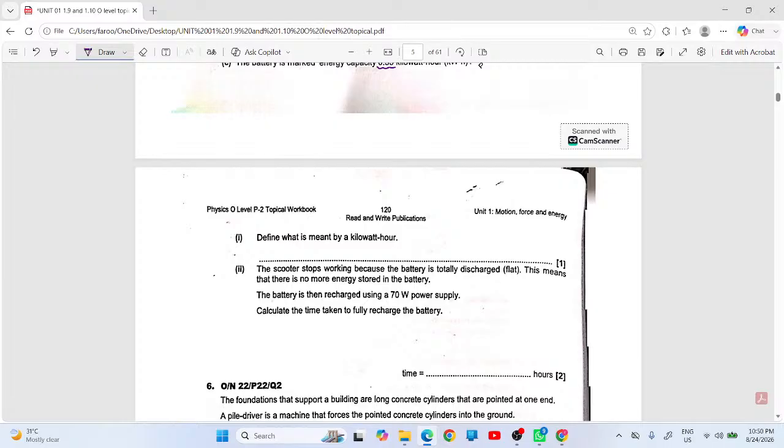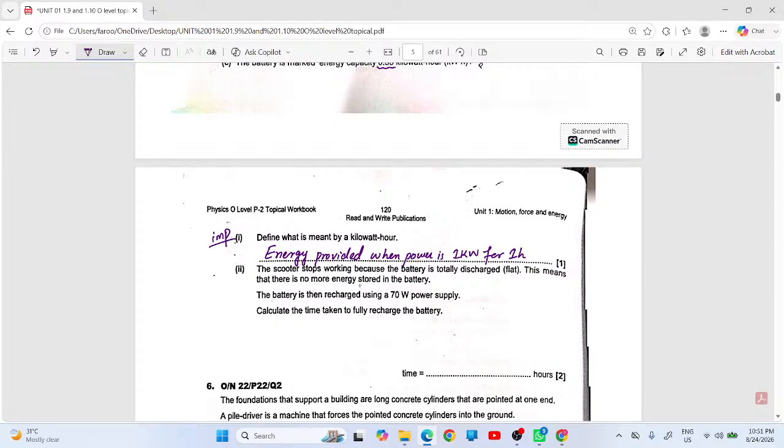Kilowatt hour means energy supplied or consumed when the power is 1 kilowatt for 1 hour. ठीक है? ये important है.